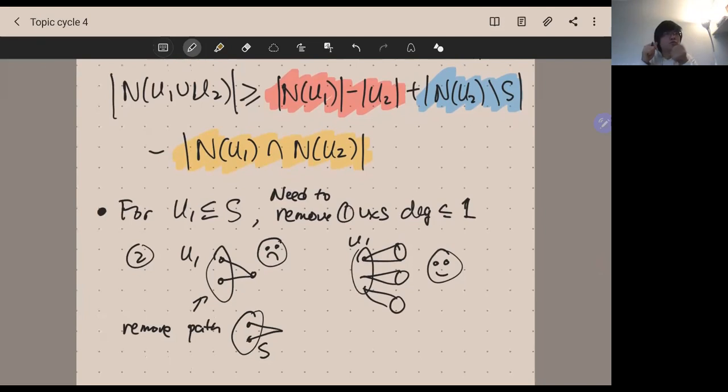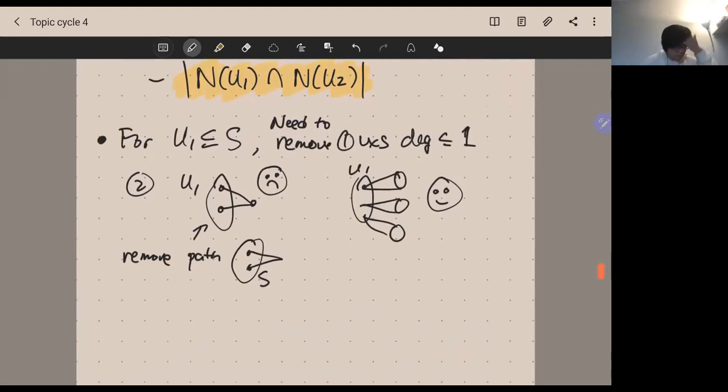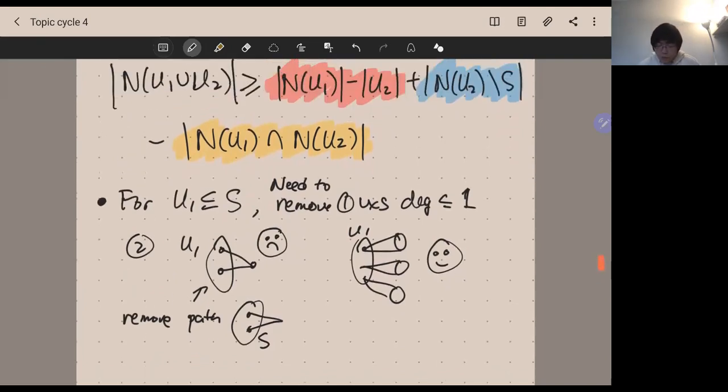So you remove paths with ends in the set of small degree vertices, okay? This is the second kind of thing we want to remove to avoid this situation. Now, so this is for U1.